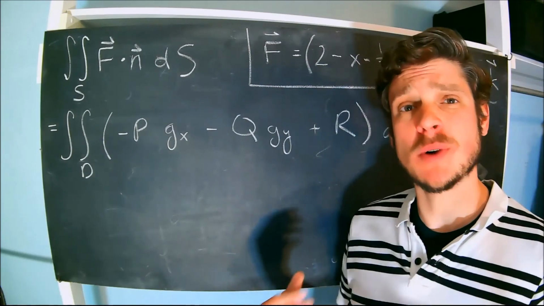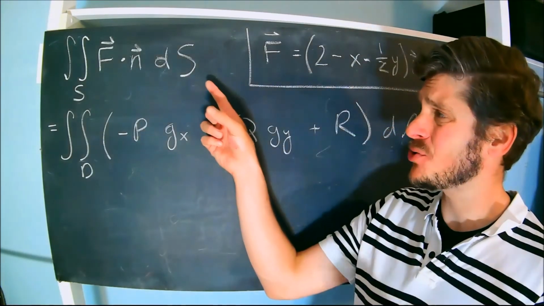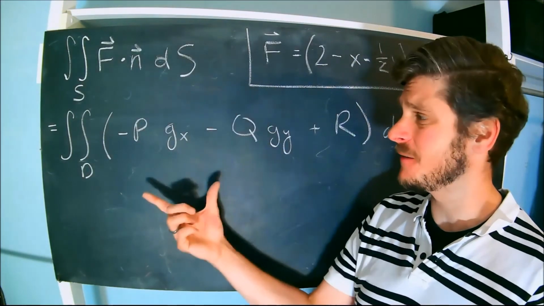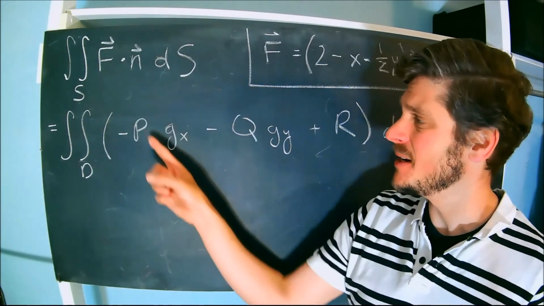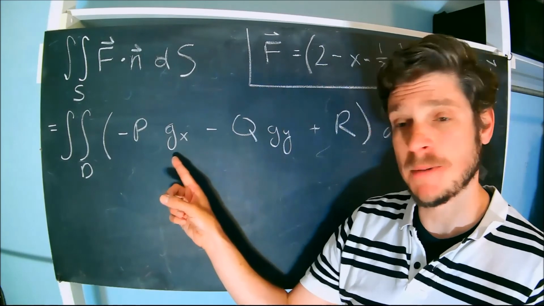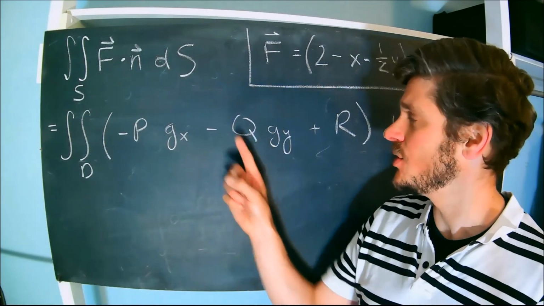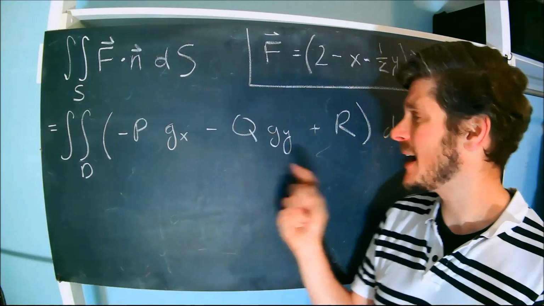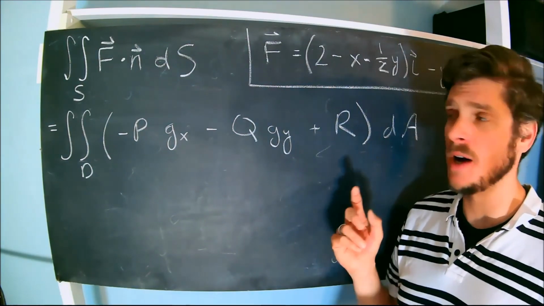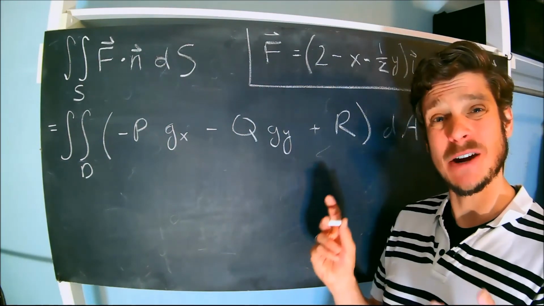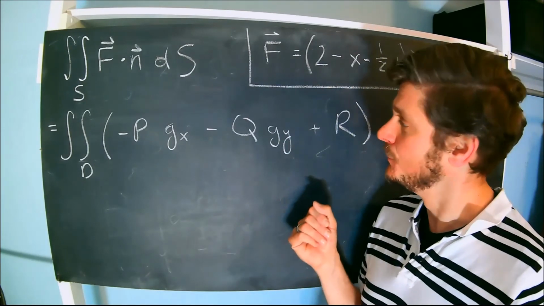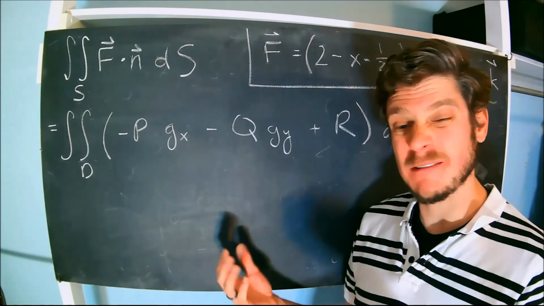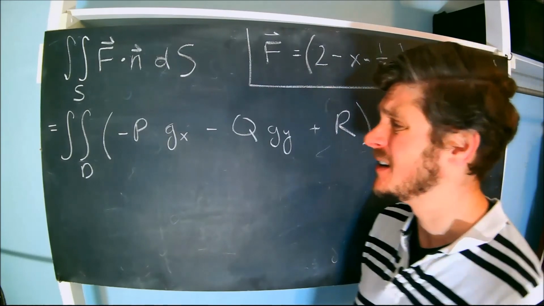Alright, now we're ready to plug everything into our integral. So we are going to use that special case where we can actually evaluate flux. We do the dot product here, so minus P times g partial x, minus Q times partial y, and R times 1. And again, this goes back to how we define that normal back in the parametric surfaces. So it's just a matter of, at this point, plugging everything in.